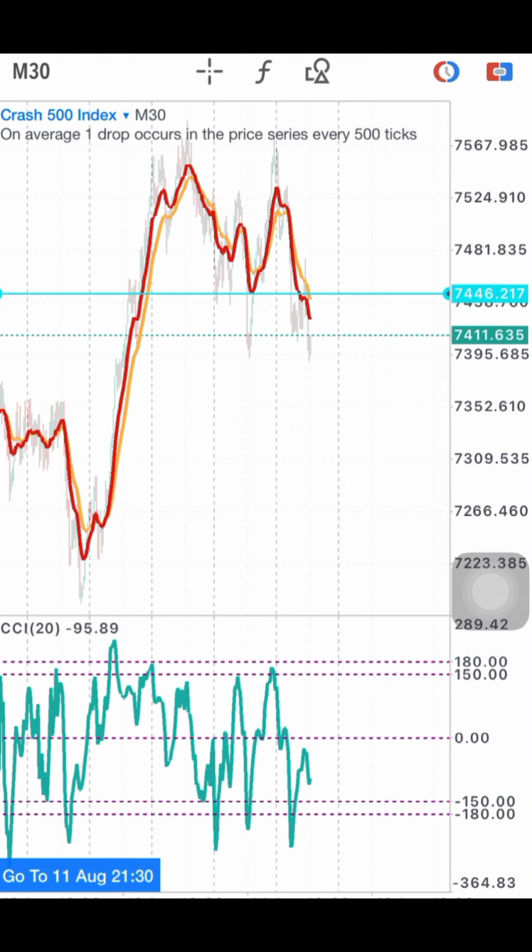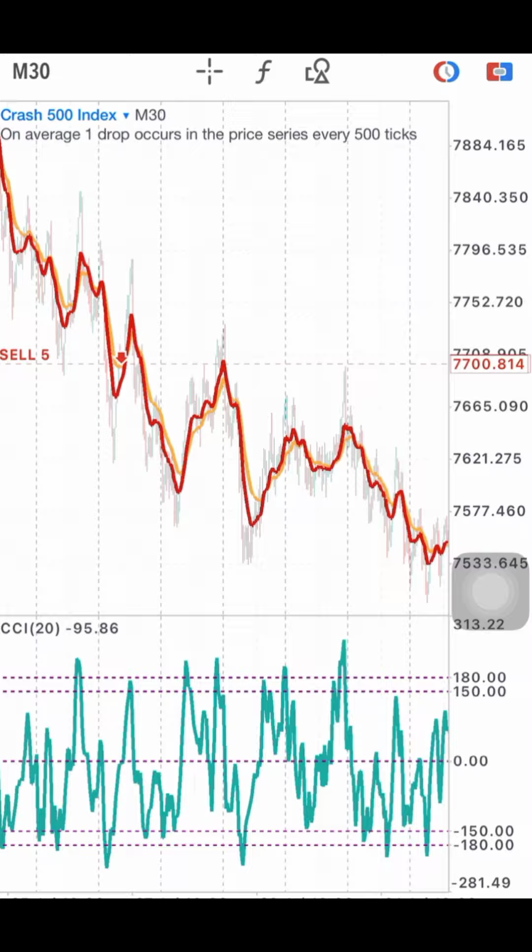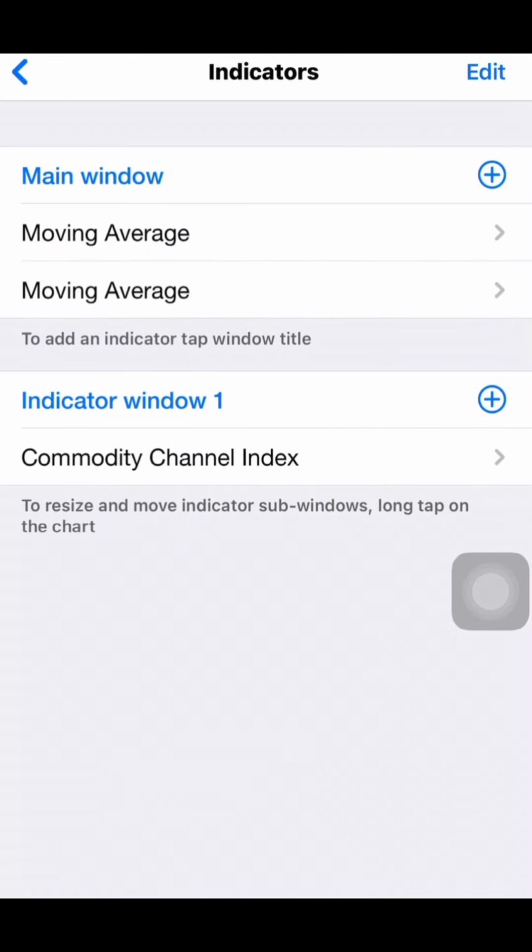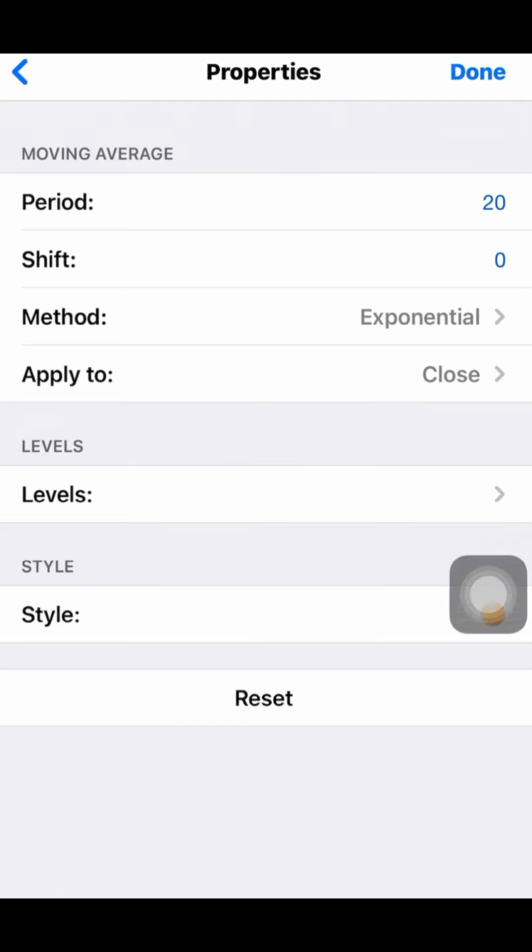So the settings for the strategy are: on the main indicator window, we have the moving average, period 20, shift 0, method exponential, apply to close, no levels, style golden, which should be yellow or golden.